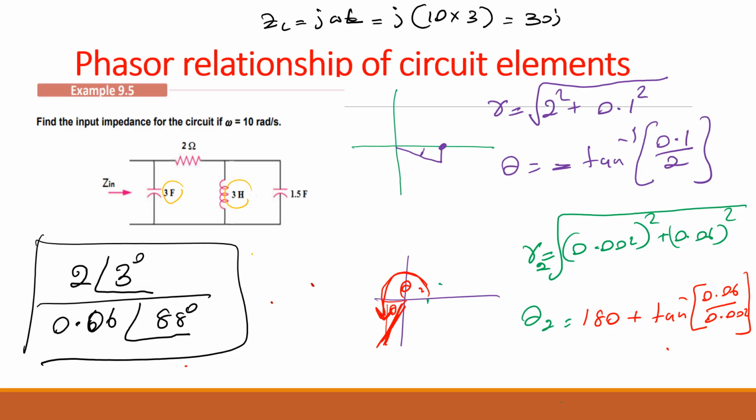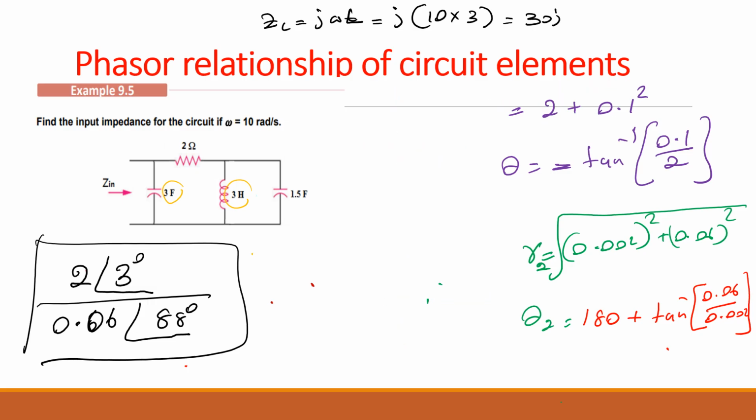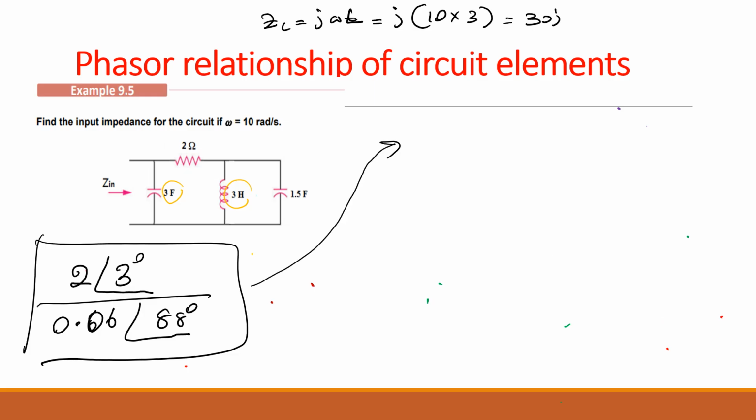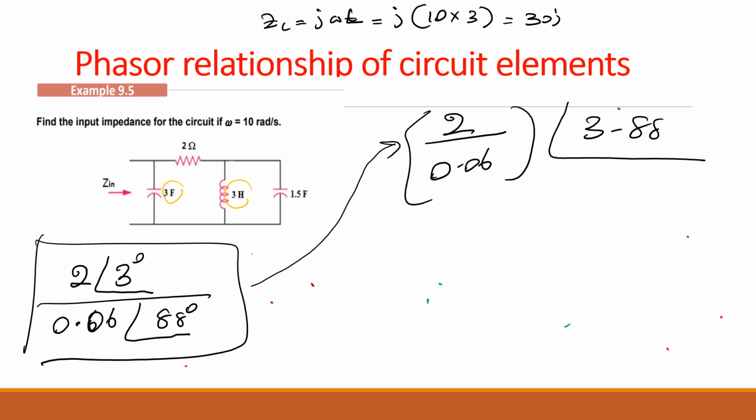Now how do we divide this in the polar form? You can divide the R's, isn't it? Magnitude you can divide. So when you do it, that will be 2 divided by 0.06. You can put this in the calculator and your angle will be 3 minus 88.